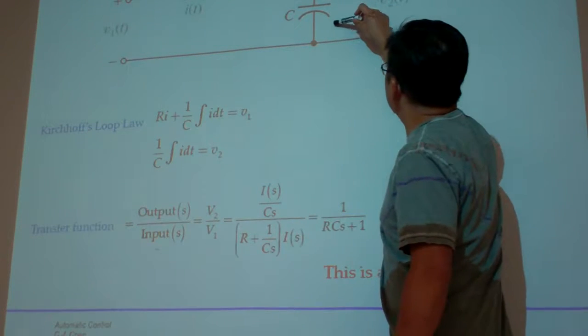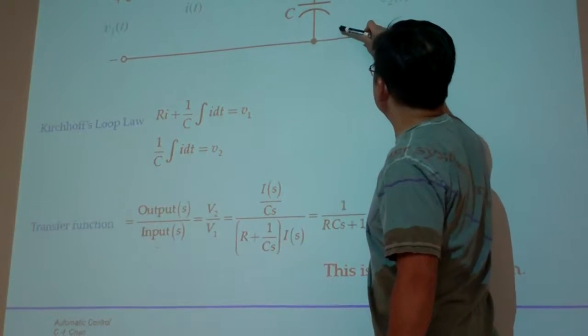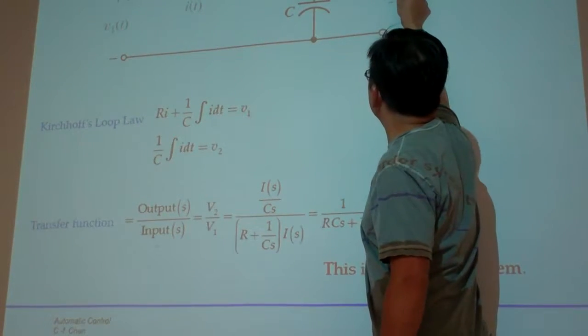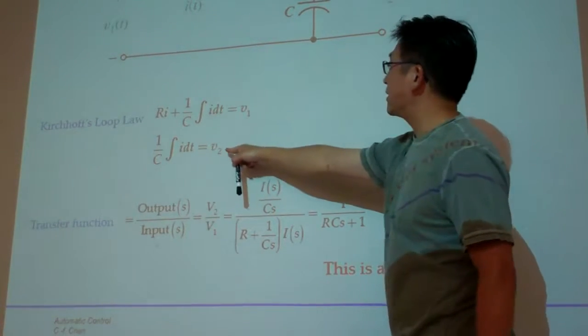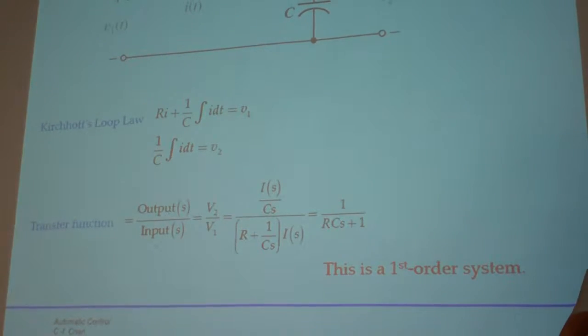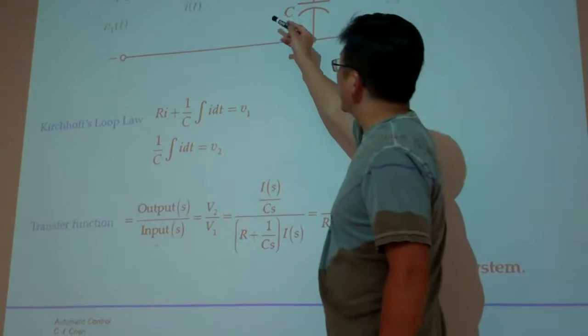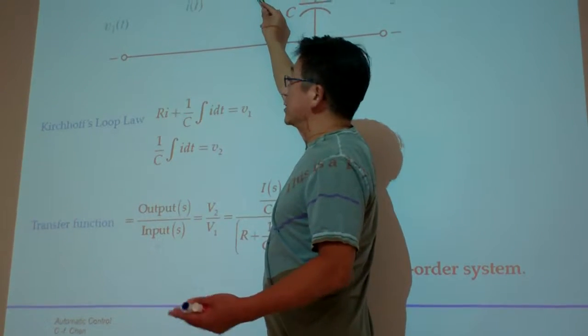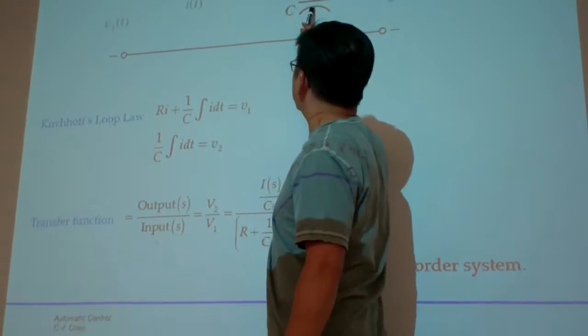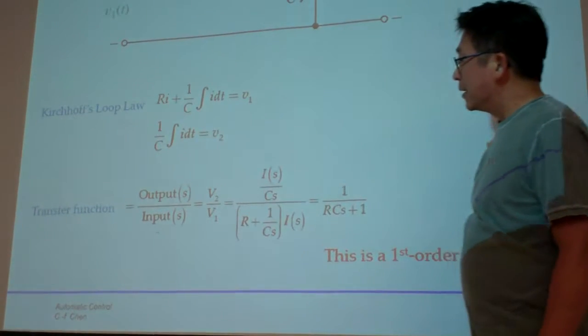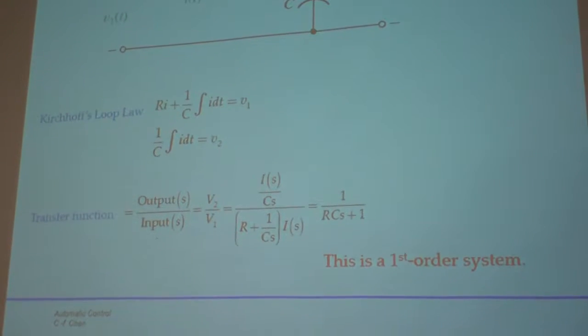Looking at a second loop, the voltage drop from here should be equal to the voltage drop from here to here. So here I have individually applied the voltage and current principles from the three basic components.